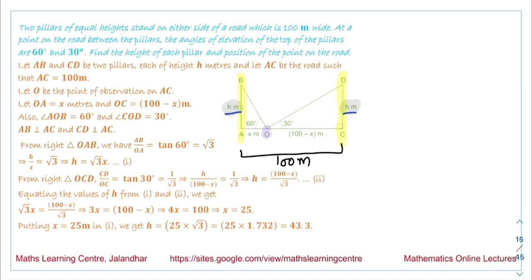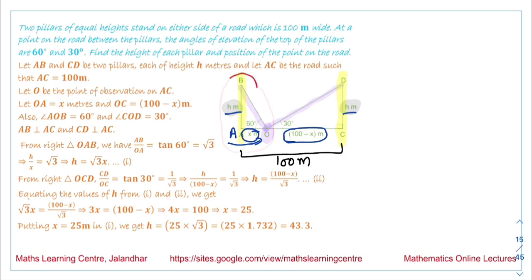Next, we have a point O on this road from which the angle of elevation of one tower is 30 degrees and the angle of elevation of the other tower is 60 degrees. So we have to find the position of this point O and the height of the towers. Suppose the position of this point O is x meters away from this tower A, then this length will be 100 minus x meters.